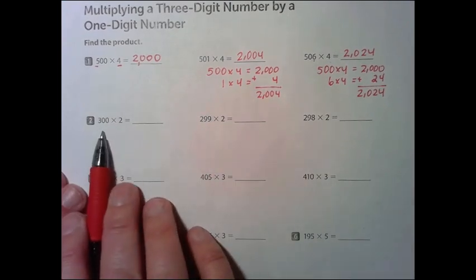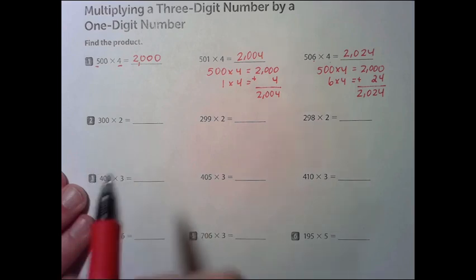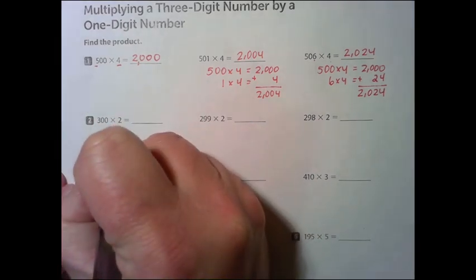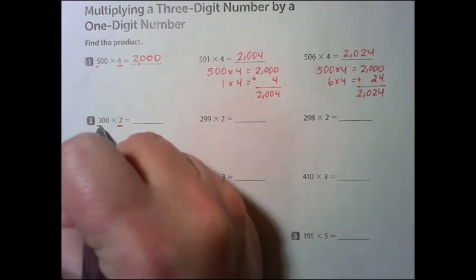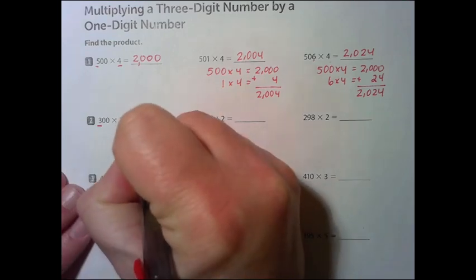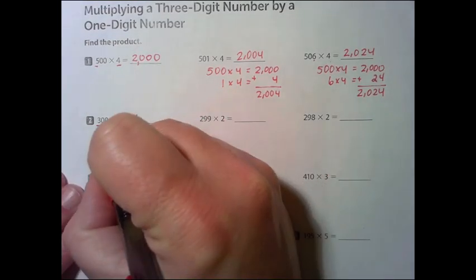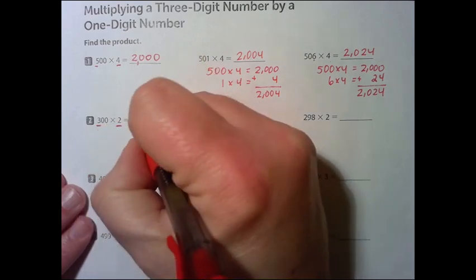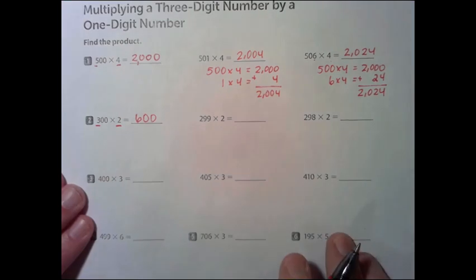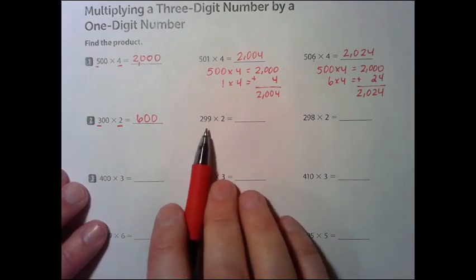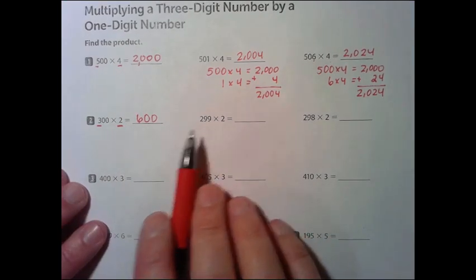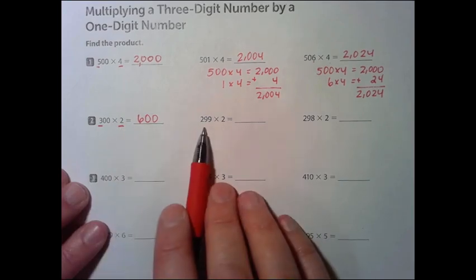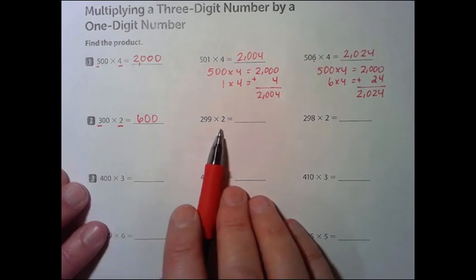So we're starting here with our easy one, 300 times 2. So again, that's an extended fact, so we're going to go 2 times 3, or 3 times 2, and that is 6. Okay, and we're going to extend it by 100 because we're multiplying by 300, so it's going to be 600. Well, what I noticed about this one, instead of doing 300 times 2, it's 299 times 2.